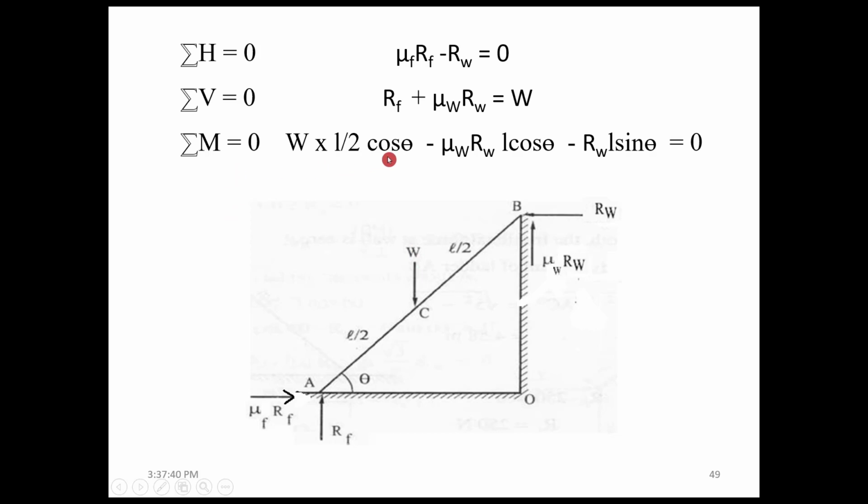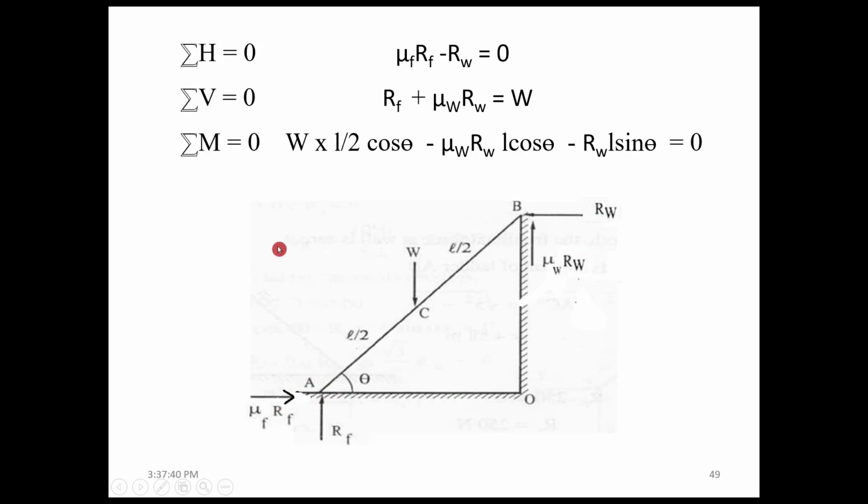That is W into L by 2 cos theta. So we're taking the moment about the base, W into L by 2 cos theta, minus mu W Rw into L cos theta, from here to here, L cos theta, minus Rw into L sin theta.